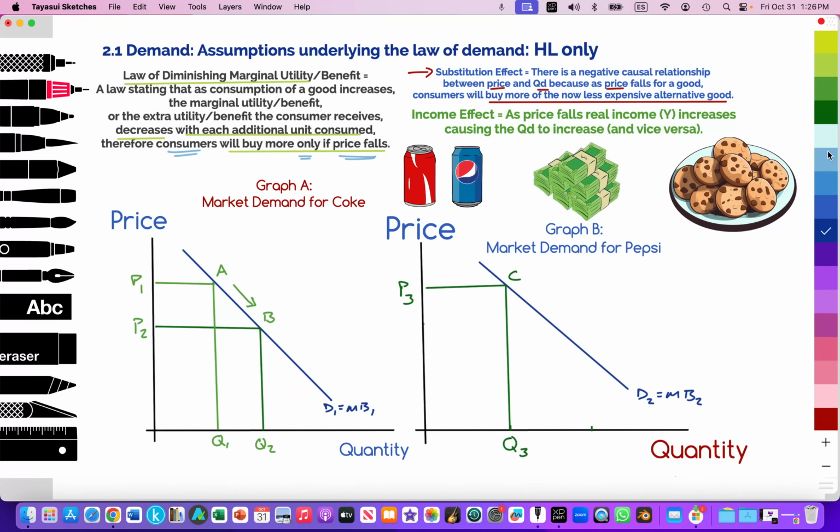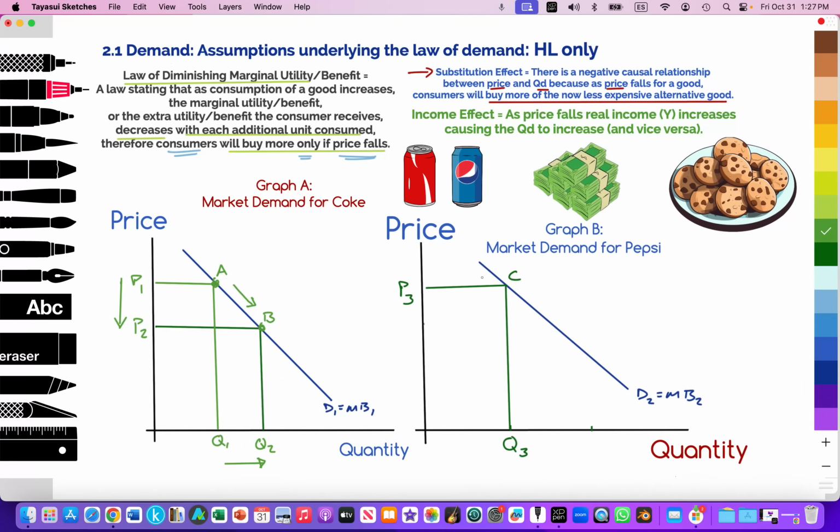If Coke lowers price from P1 to P2, they will experience an increase in the quantity of demand from Q1 to Q2, movement from point A to point B, because they are now the cheaper alternative.